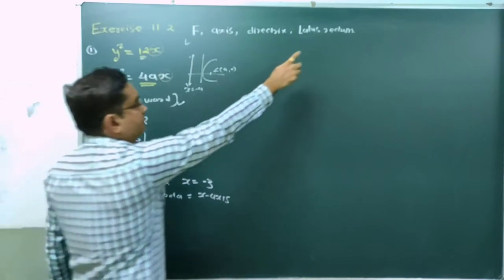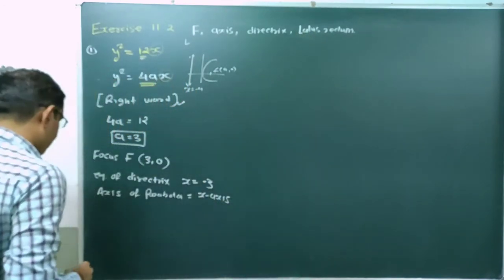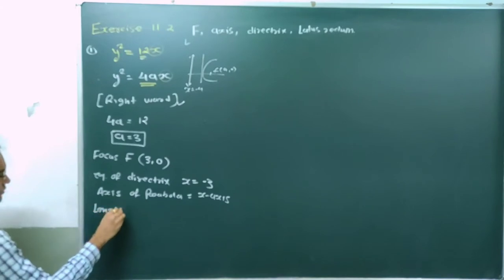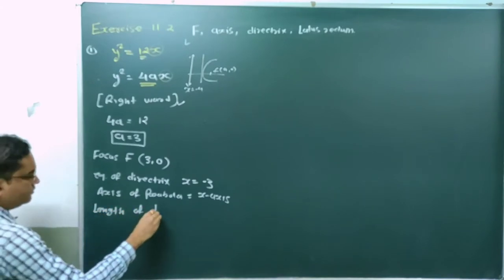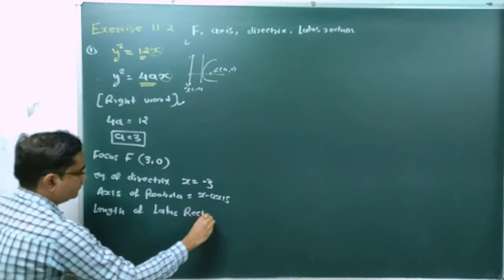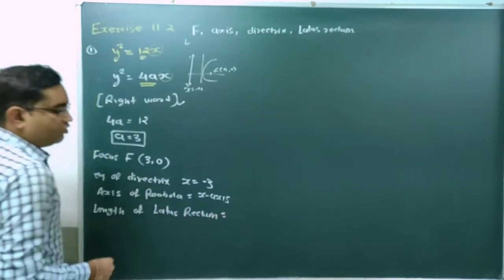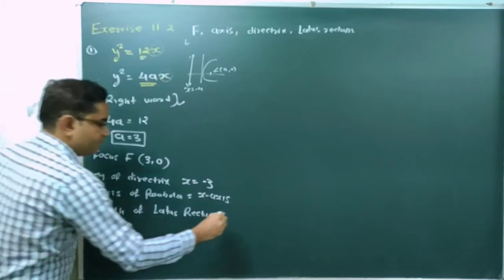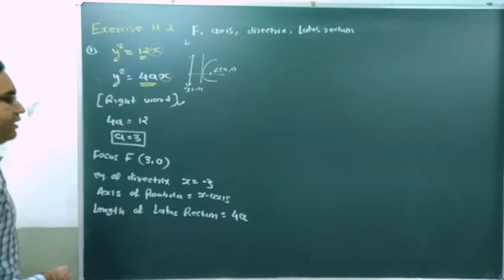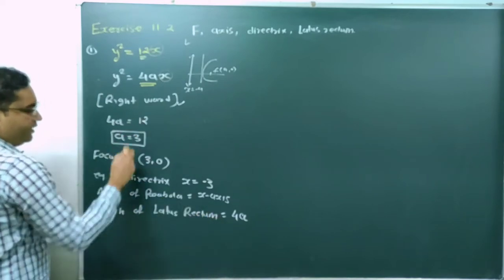Clear? And fourth answer, that is length of latus rectum. Length of latus rectum that we have derived is equal to 4a. Length of latus rectum of parabola is 4a, and our 4a is 12.